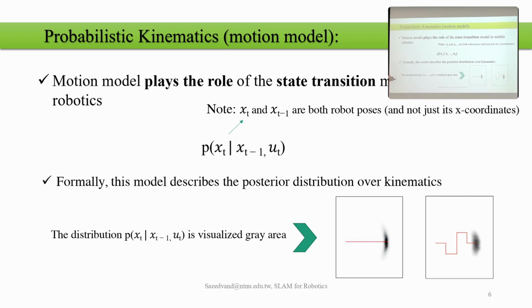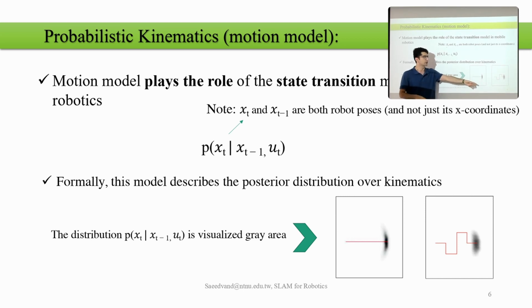If we want to visualize this probability, you can see that the robot moves from here to here in a straight line, then the distribution can look something like this. Why is the distribution like this? Because moving in a straight line was more accurate for the robot, while the rotation was less accurate.